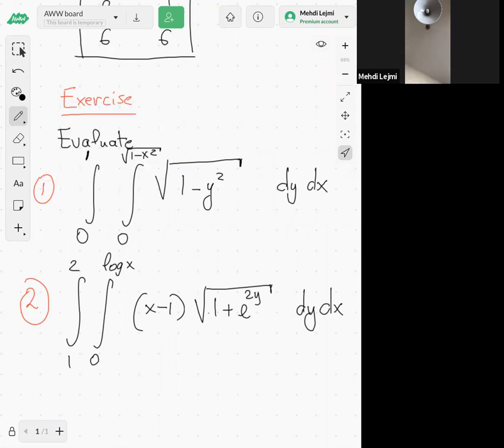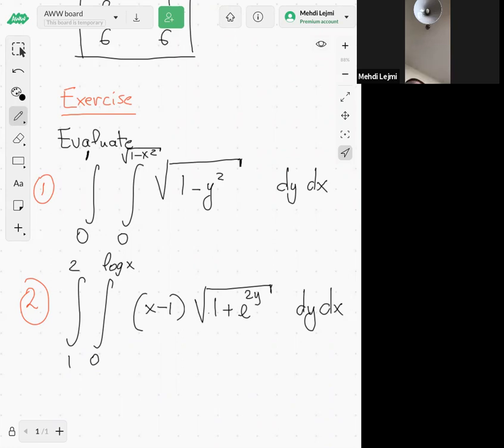Again, in this second integral, you need to integrate first with respect to y, and there's a problem here because of the square root. You're going to have trouble integrating, right? That's why you're going to need to change the order of integration.